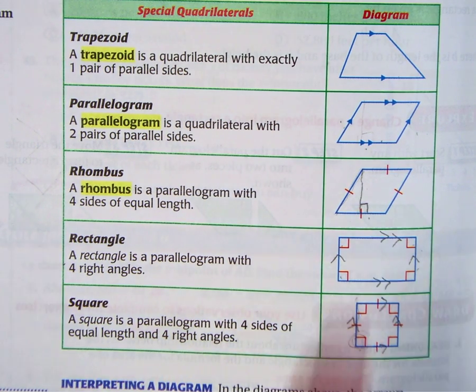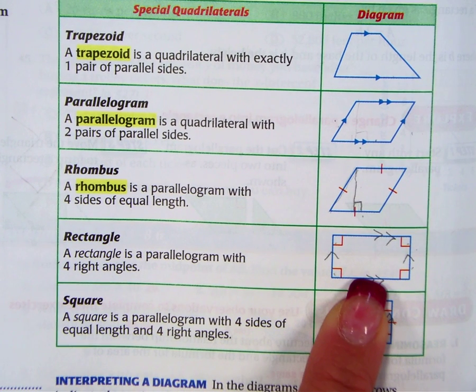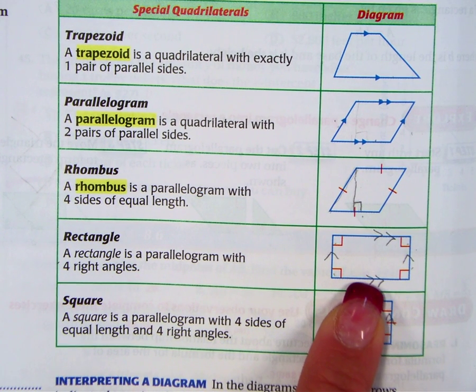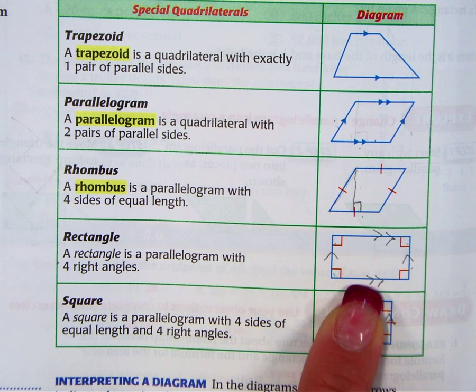This guy, what are his names? Who can tell me? Aubrey, what do you think his names are? Looking at the rectangle. Okay, who can help her out? Tessa, what names can we give to this shape?